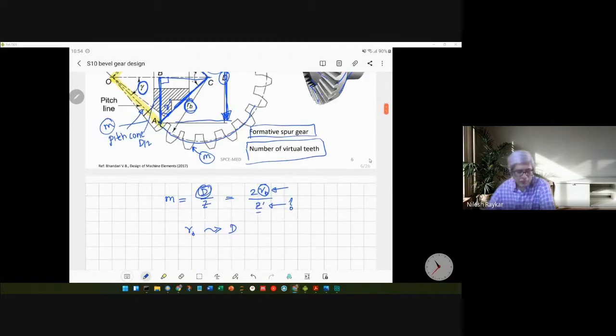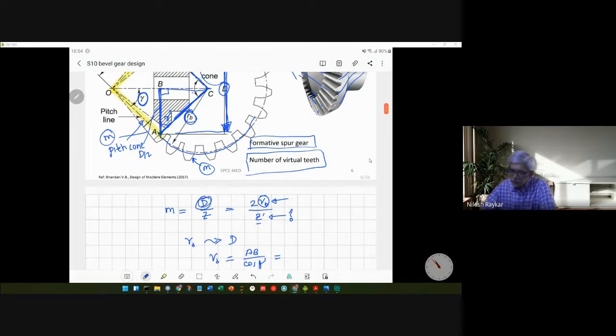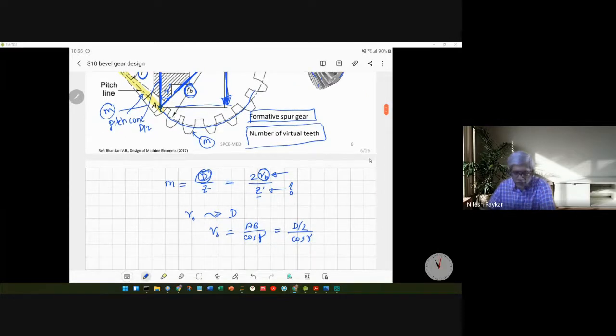So we have the relationship that rb would be equal to AB divided by cos of gamma. AB is this particular height, and AB is nothing but capital D by 2 divided by cos of gamma. So we get the relation as rb equal to D divided by 2 cos gamma.